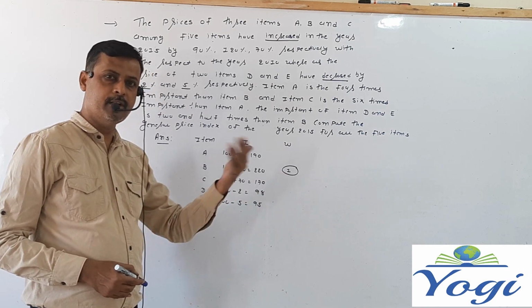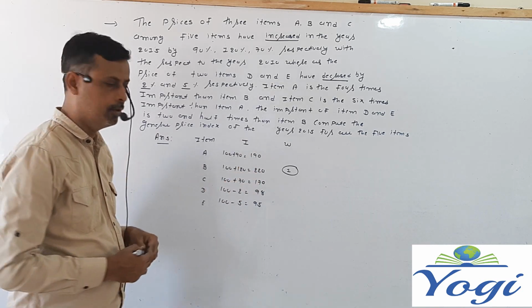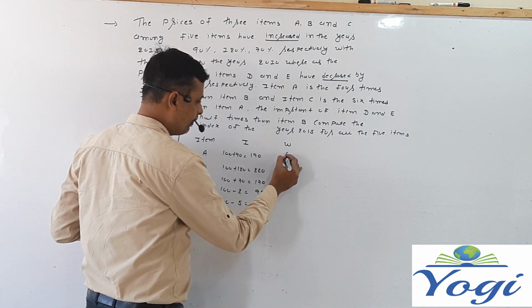Item A is 4 times that, so 1 multiplied by 4 becomes 4.